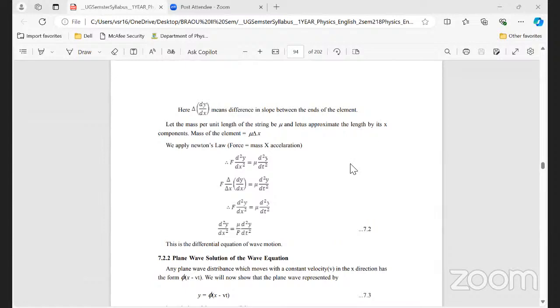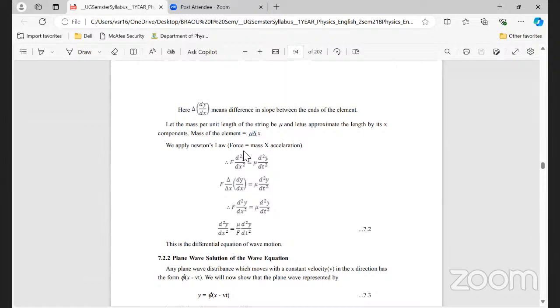In the previous concept, we discussed the mass per unit length of the string, which is mu, and the length of the element is delta x. If you want to calculate along the x direction, the mass of the element is mu into delta x.